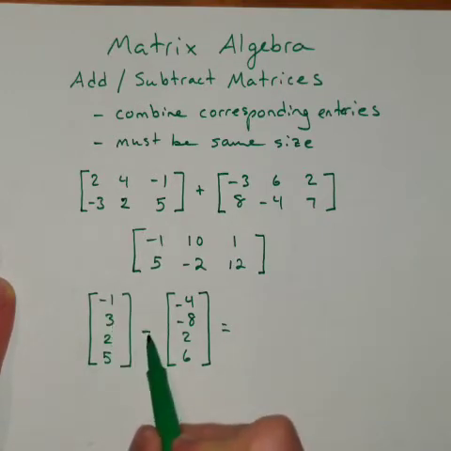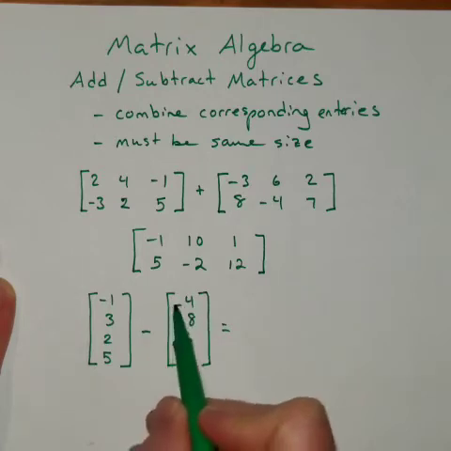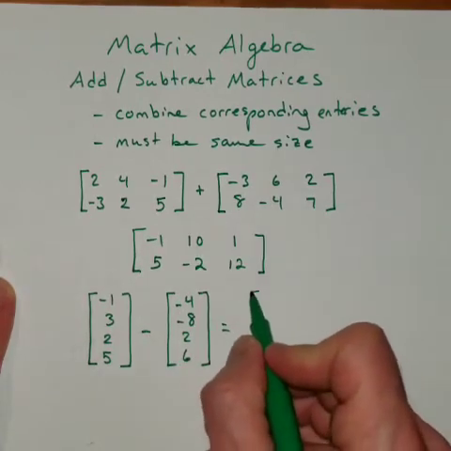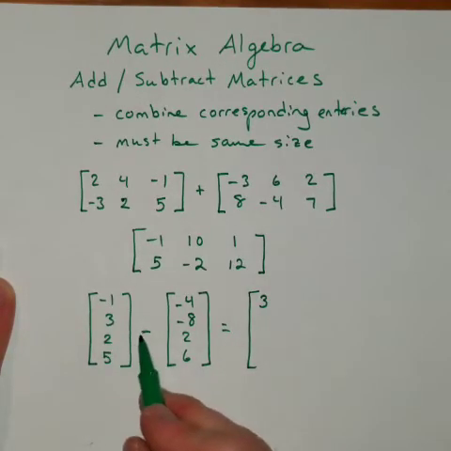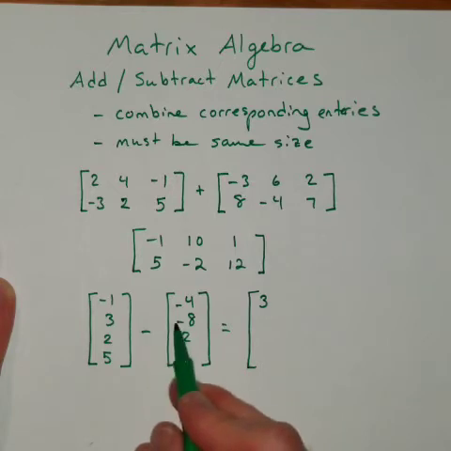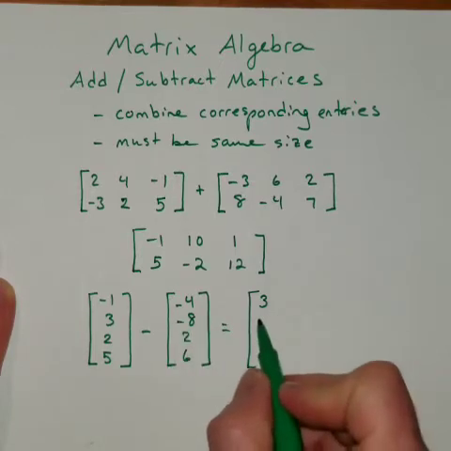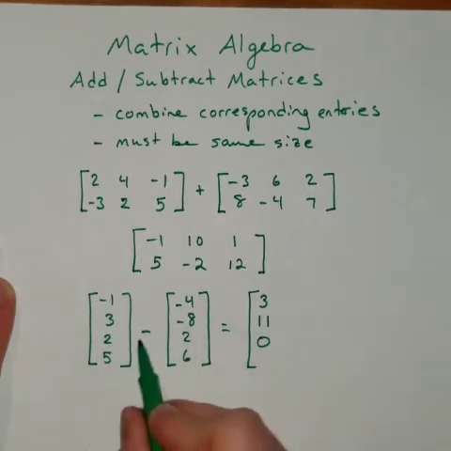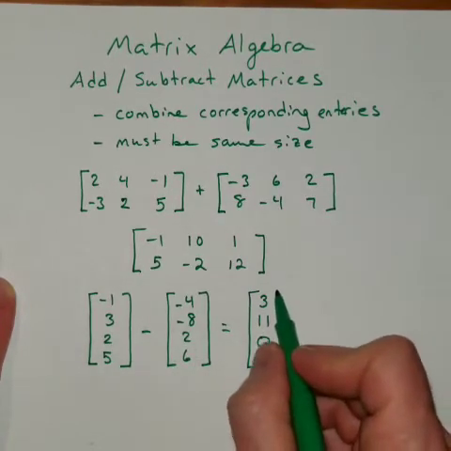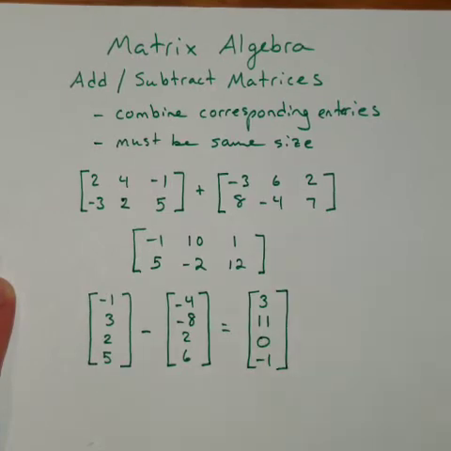So negative 1 minus negative 4. Well, double negative there makes for a plus, right? So negative 1 plus 4 is 3. And then 3 minus negative 8, again a double negative, 3 plus 8 would be 11. 2 minus 2 is 0. And 5 minus 6 is negative 1. So again, you're just combining the corresponding entries.